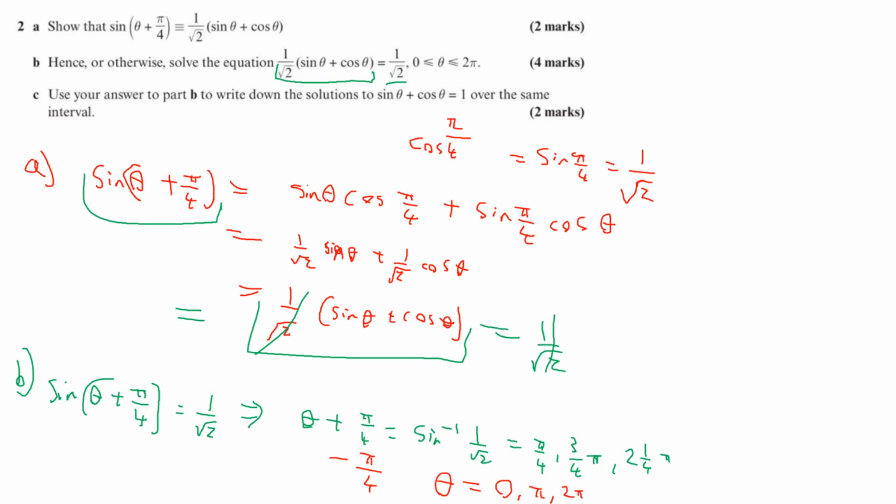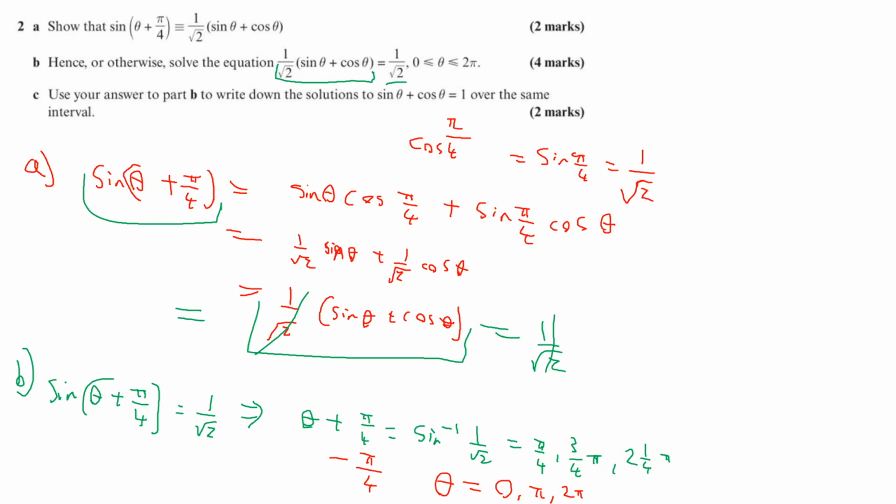Okay? So now, using my answer to part B, write down the solutions whereby sine theta plus cos theta is equal to 1, all over the same interval.